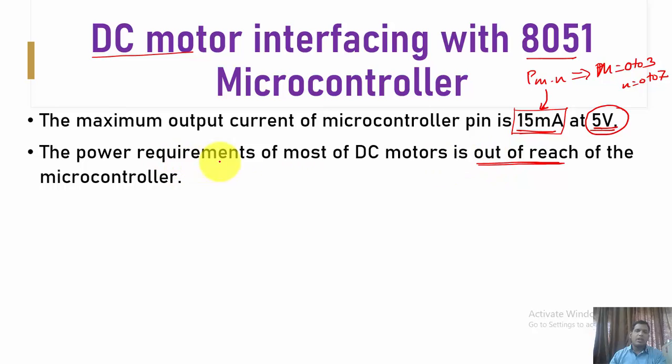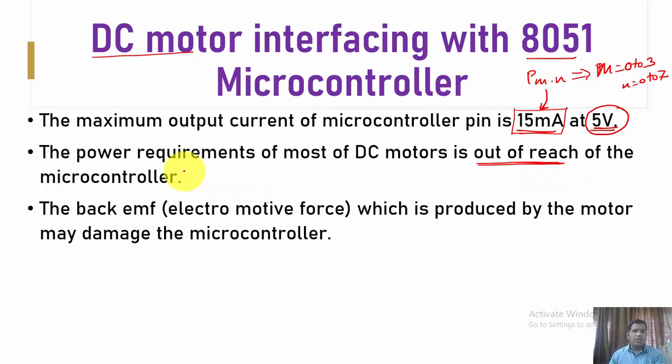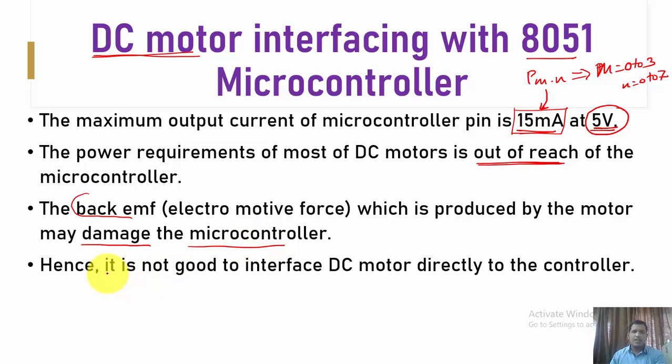Also, the back EMF, that is electromotive force, generated during motoring action in a DC motor may damage the microcontroller board. So it is not good to interface a DC motor directly with the 8051 microcontroller.